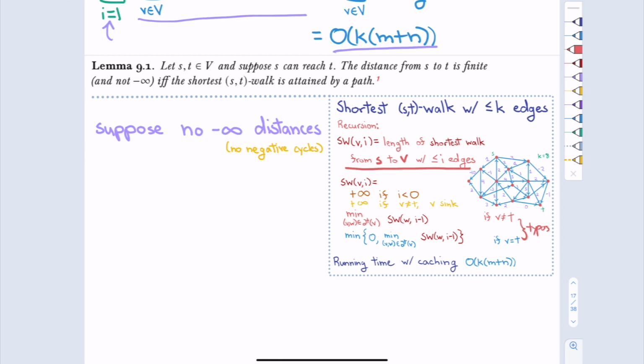I gave this to the audience, and the class observed that by this lemma from before, if there's no negative infinite distance and I'm only focused on the finite case, then I only really have to check all the paths from S to T. That means that k equal to n minus 1 gives all the distances.